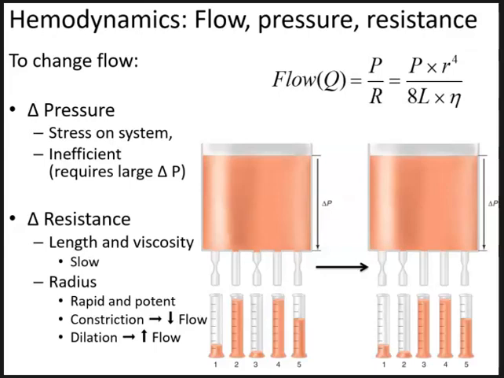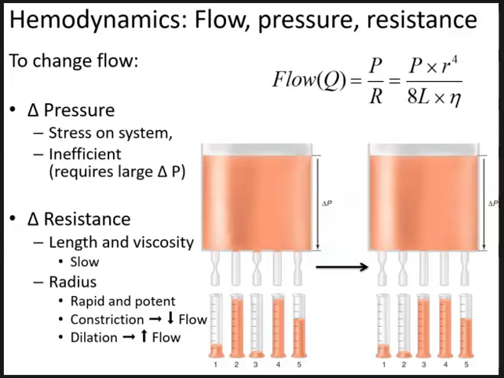However, for resistance, there are variables that affect resistance that we talked about. We talked about length and viscosity. However, for length and viscosity, we can't really change the length of the vessels. Once we reach adult age, the length of our vessels is pretty static.